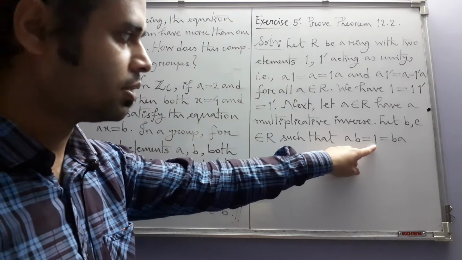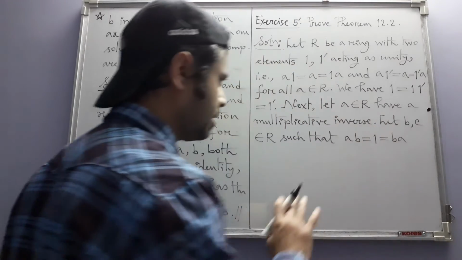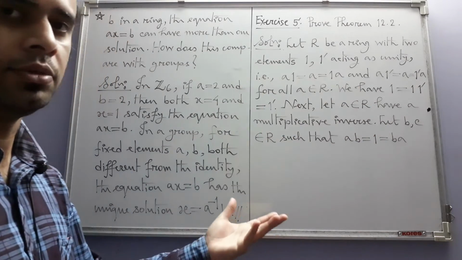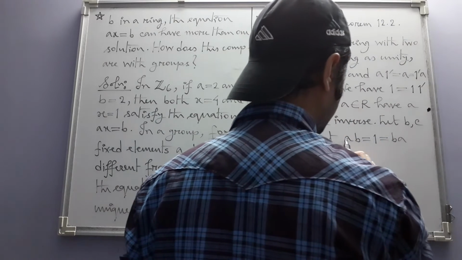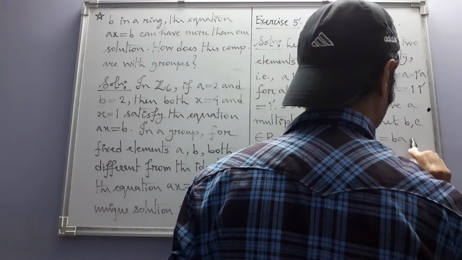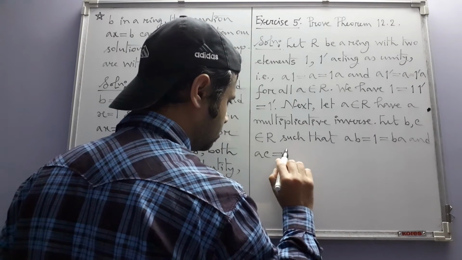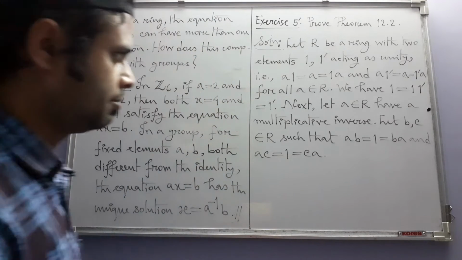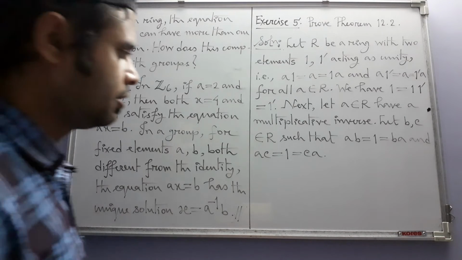Otherwise, this equation will be meaningless. So we are assuming in the background that our R has a unity, and that unity is denoted by 1. So AB is equal to 1, which is equal to BA, and AC is equal to 1, which is equal to CA. Our aim now is to prove that B and C are equal.